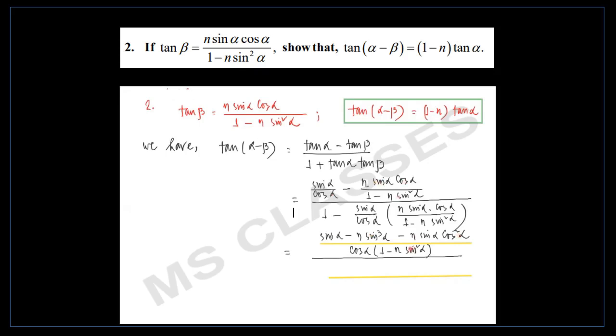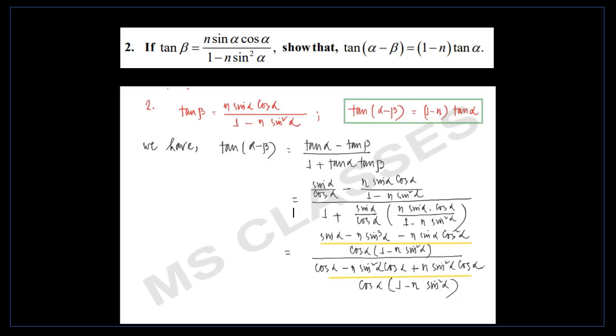Denominator same. Next we take this one, that is cos alpha into 1 minus n sin²alpha. Now if you take the LCM, this will be cos alpha, then minus n sin²alpha cos alpha, plus n sin²alpha cos alpha.